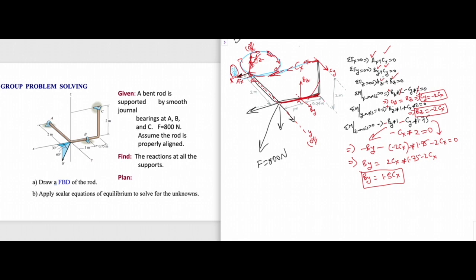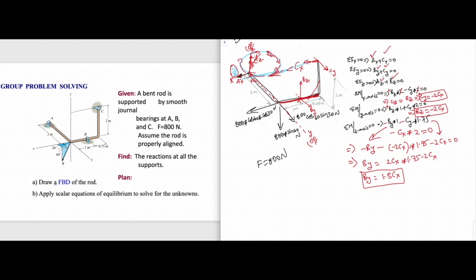So x-axis will be 800 times cos 60 times cos 30. Z would be 800 times sine 60. All of this is Newton. And y-axis will be 800 cos 60 sine 30 Newton.